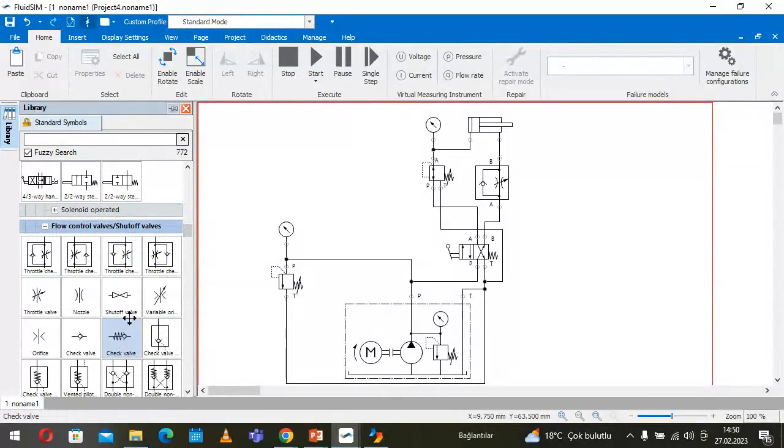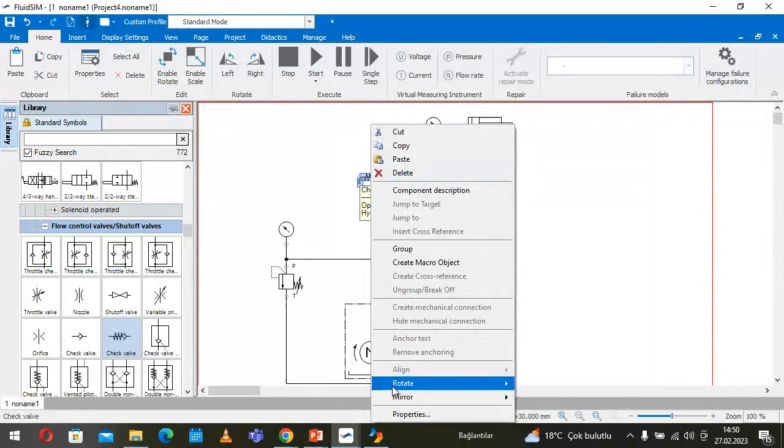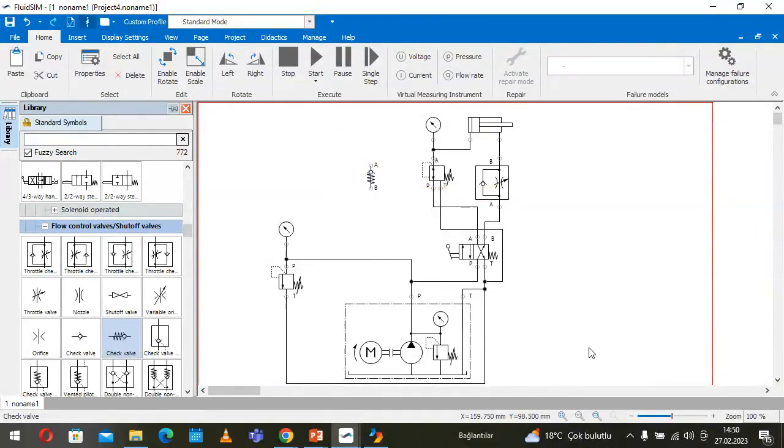Okay. For example, this one. And let's rotate it. Okay, this is correct. Here I have to connect it. Okay, then also here.